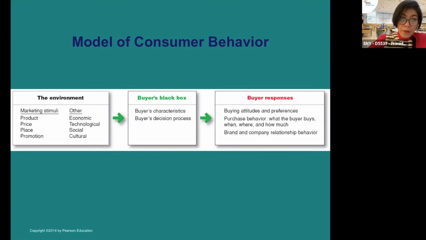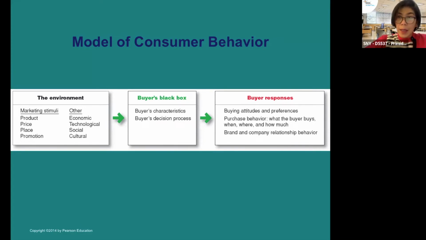Now, the environment is the stimuli. Everything around us is considered as stimuli, which can be classified into two things: the marketing stimuli and other kind of stimuli.